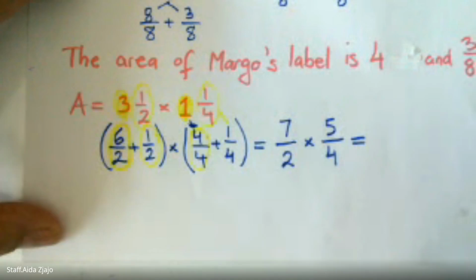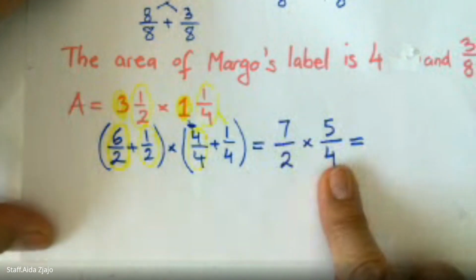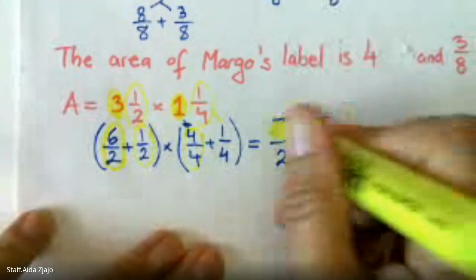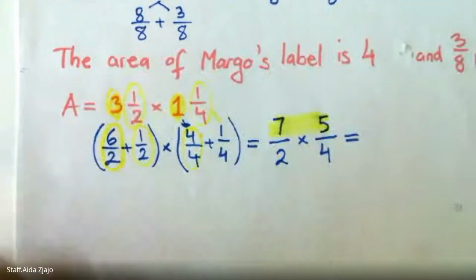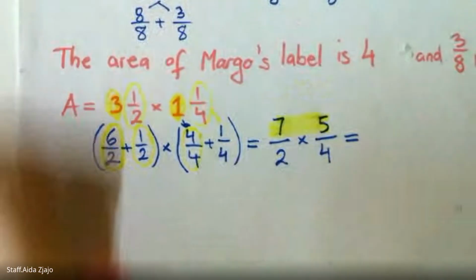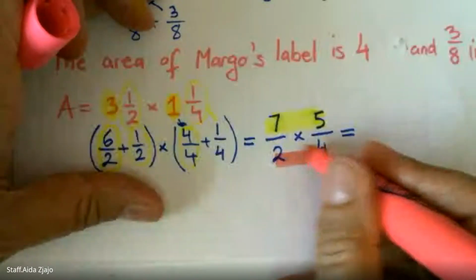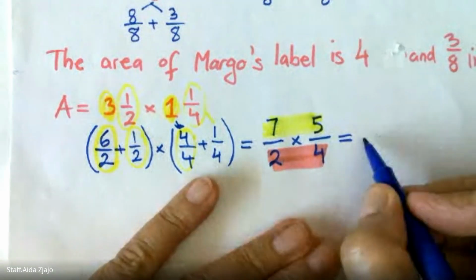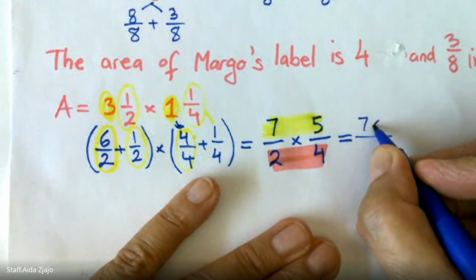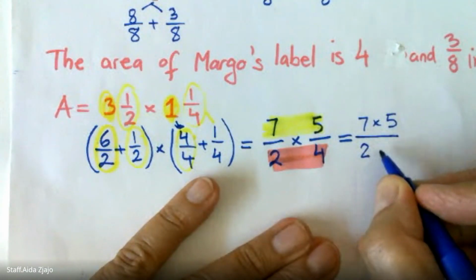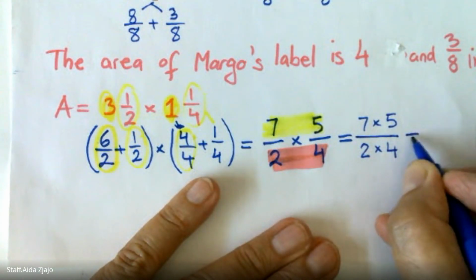When I change a mixed number into the fraction form or improper fraction, I could use the rule of multiplication of fraction by fraction, and it says multiply numerator by numerator and denominator by denominator. So if I use the highlighter, I need to multiply the numerator 7 times 5 and also the denominator 2 times 4.